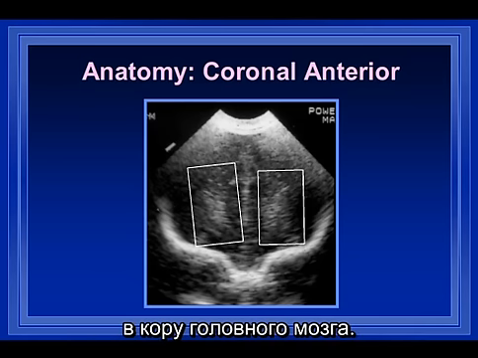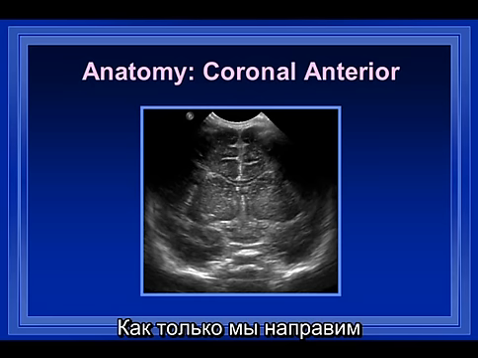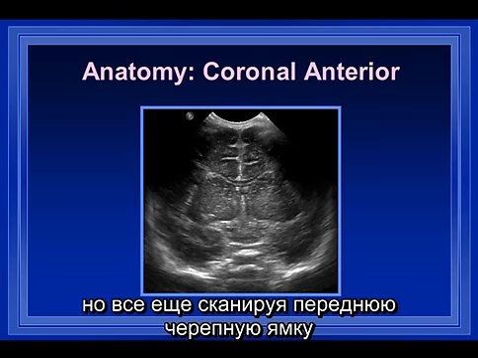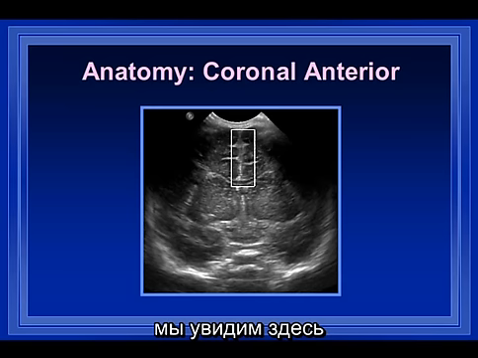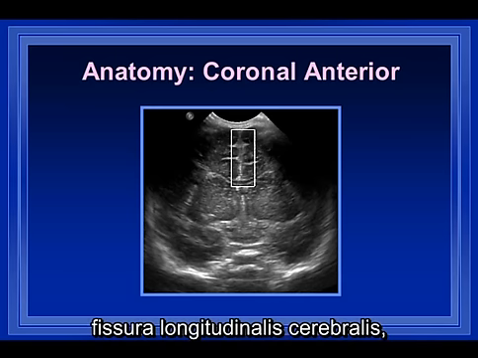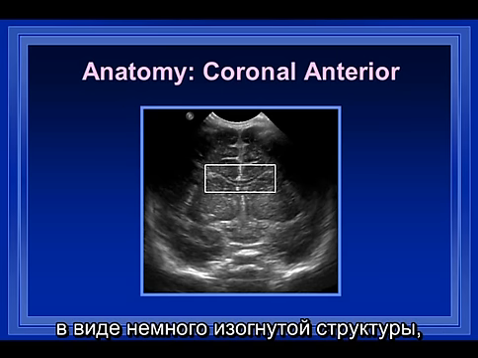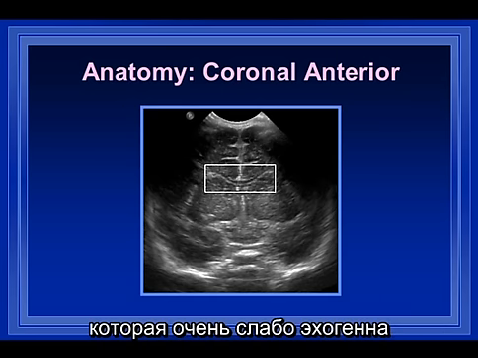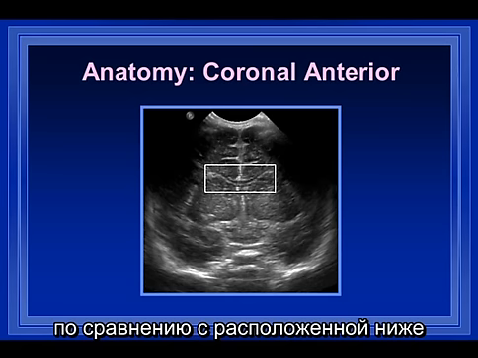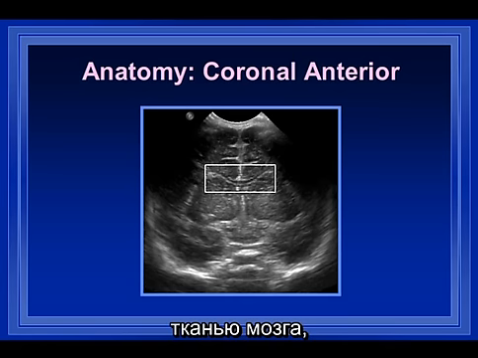As we extend our view a little bit more posteriorly, but still in the anterior plane, we see the interhemispheric fissure. Here's the cingulate gyrus. We can see the corpus callosum here as a hammock-shaped structure that is very poorly echoic, just below the brain parenchyma here in the frontal lobes.